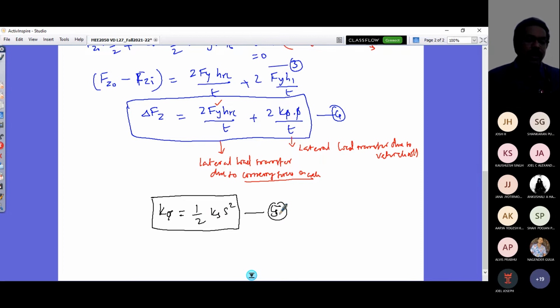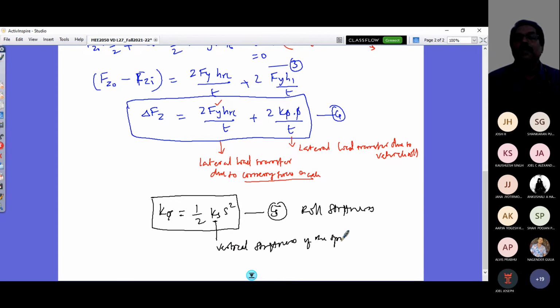So this is your roll stiffness. Stiffness relationship with the vertical stiffness of the spring. This is the vertical stiffness of the spring.